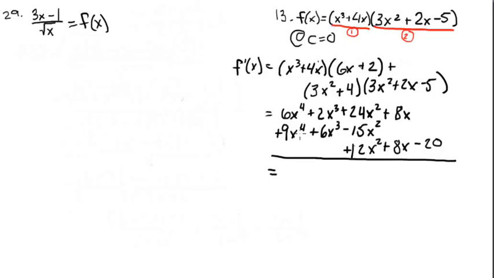That's going to be equal to, well, 9 and 6 is 15x to the fourth. 6 and 2 is 8x cubed. Then we have the 15 and the negative 15 and plus 12, which make minus 3.